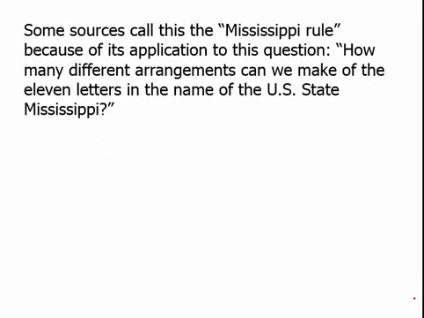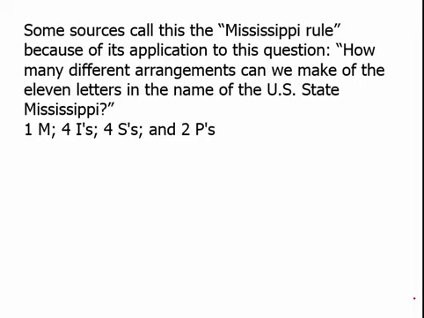For example, some sources call this the Mississippi rule because of its application to the question, how many different arrangements can we make of the 11 letters in the name of the U.S. state Mississippi? Well, that's a name that has a lot of repetitions in it. There's only one M, but there are 4 I's, 4 S's, and 2 P's.